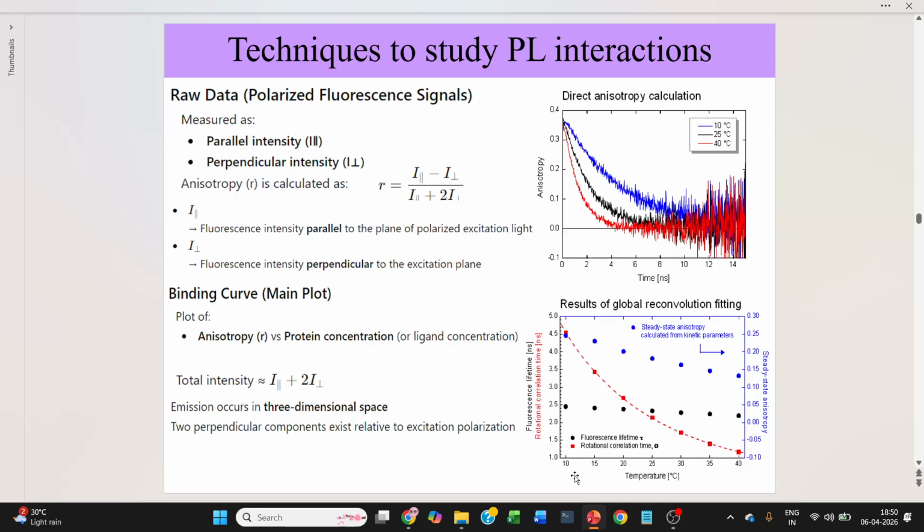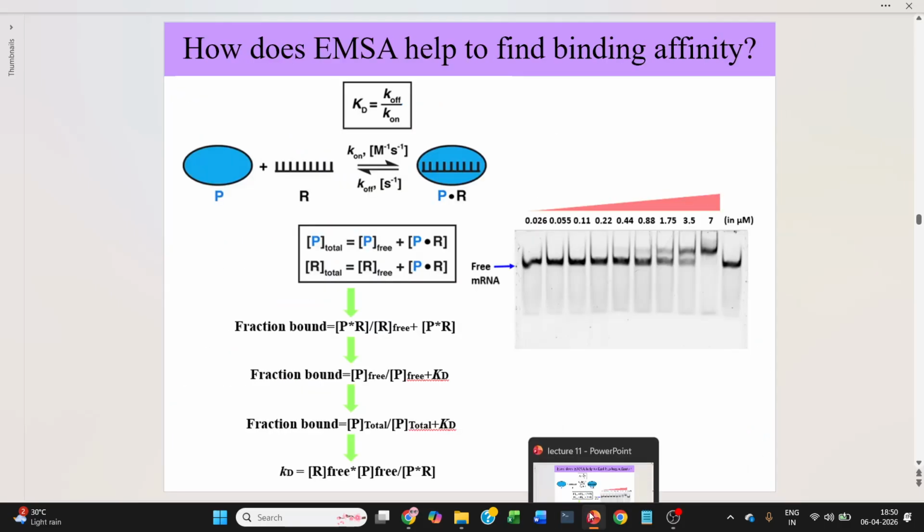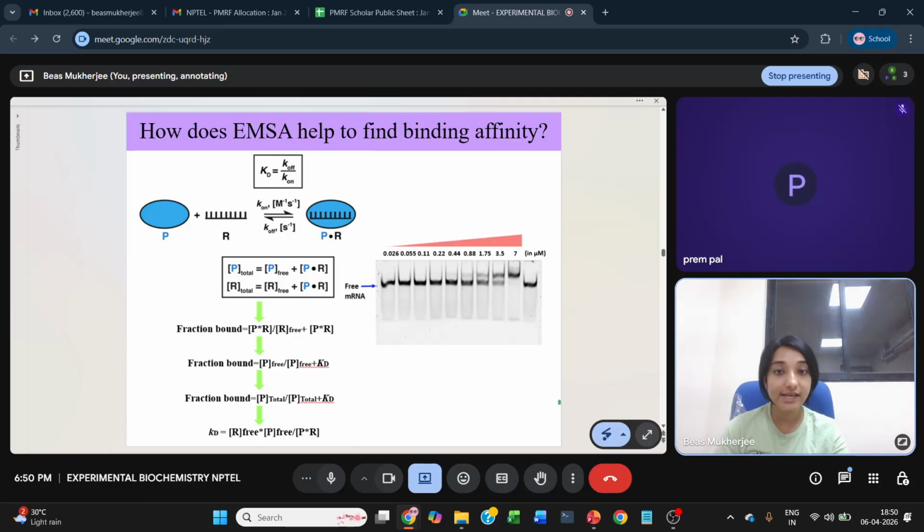Now we have EMSA. So in EMSA, what is happening? EMSA is once again very similar to fluorescence anisotropy, because here also the final plot is a Kd plot, this S-shaped Kd plot. Let's see. There is this protein. Protein binds to nucleic acid.